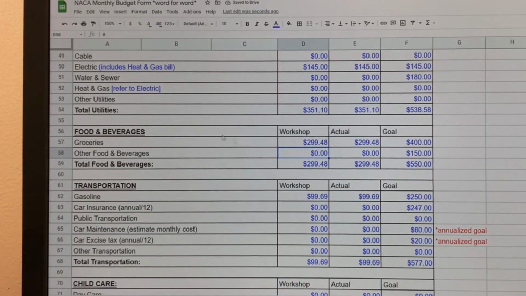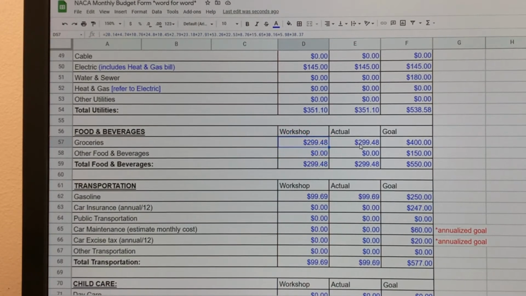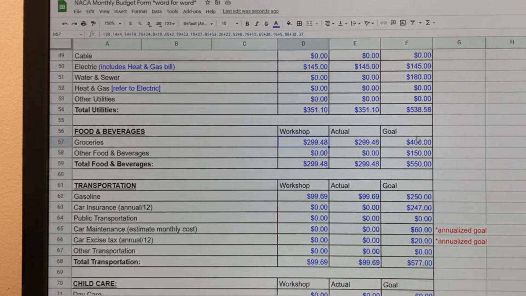Look at that. We were 101 under our goal for food, which is great. I was really freaking out thinking that we were overspending, but this makes me feel really good that this 400 is a realistic goal.